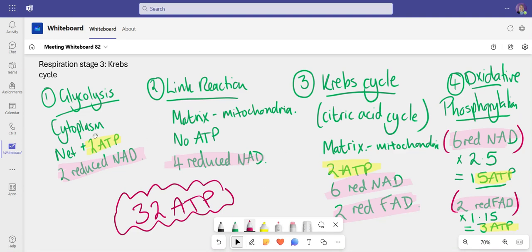So the point is you need to know that a little bit of ATP is made in glycolysis, a little bit of ATP is made in Krebs cycle. Glycolysis, link and Krebs cycle build up these reduced coenzymes which carry hydrogens to the 4th stage, and then they're used in the 4th stage to make loads more ATP. And make sure you watch video 4 of how they then make all that ATP. Okay, and we'll finish there.